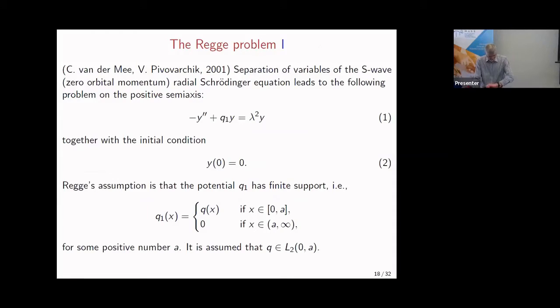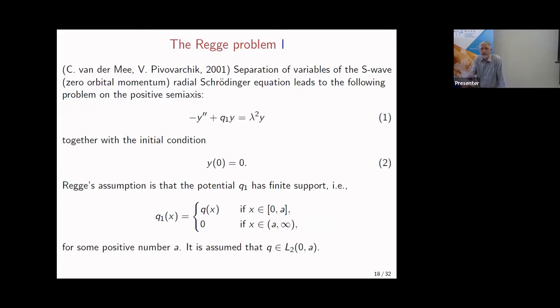Now, I still have about 5 minutes, so let's go for some examples. The regular problem. That is minus y double dash plus qy equals lambda squared y, a particular case of the S-wave radial Schrödinger equation. Regge assumes that the potential Q has a bounded support.